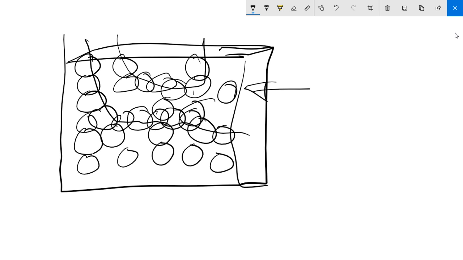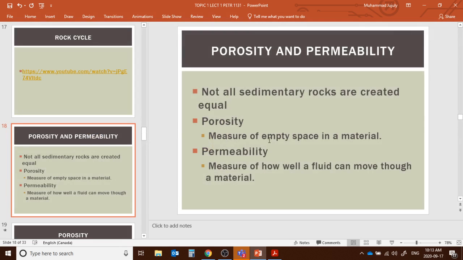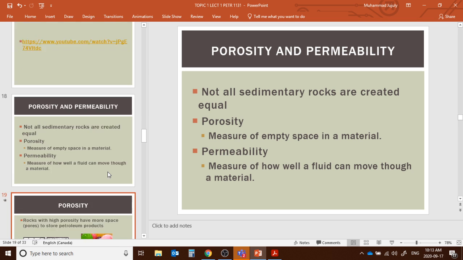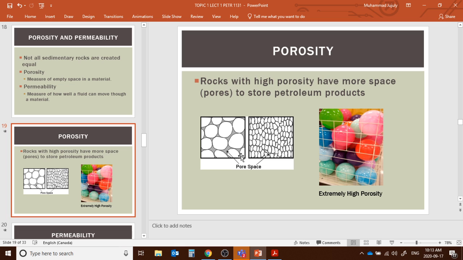Is this one interconnected? No, it is not. Is this one interconnected? No, this is not. That means this is called the permeability, the interconnection. Permeability is a measure of how well a fluid can move through the material. Just like that example, this is the porous space, and this is the permeable place.